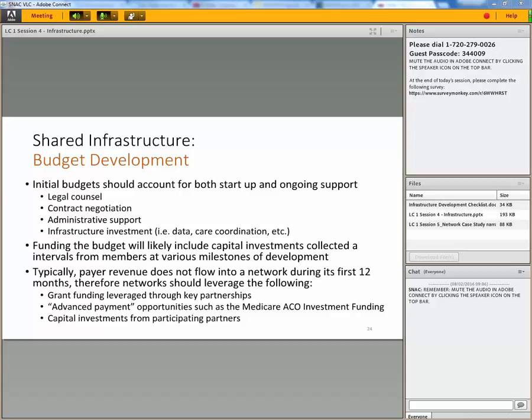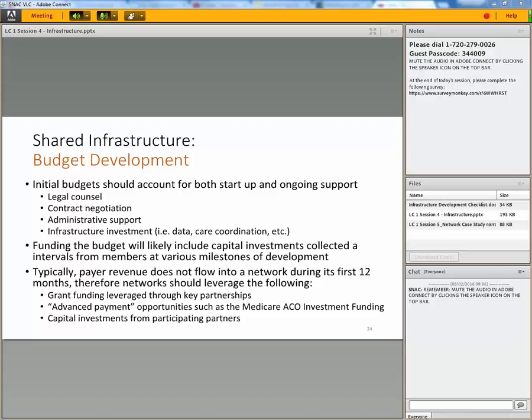The initial budgets really need to be focused more on answering some of these key questions as to what our infrastructure is going to look like and what it is going to cost. So initial budgets are really focused on what our legal costs are, what our costs are to get into our initial contracts, what our costs are for administrative support, and the capital necessary to make some of the infrastructure investments that we need.